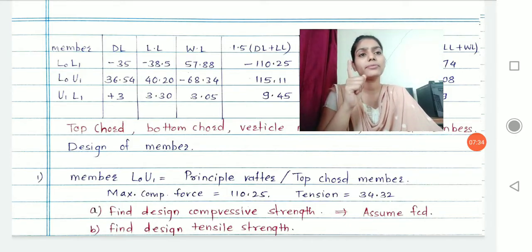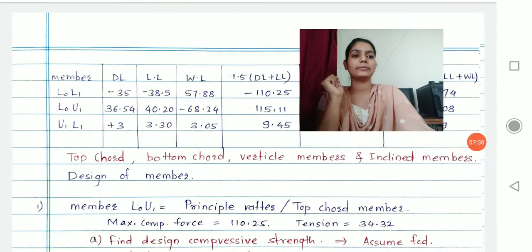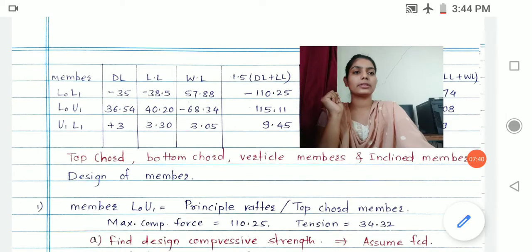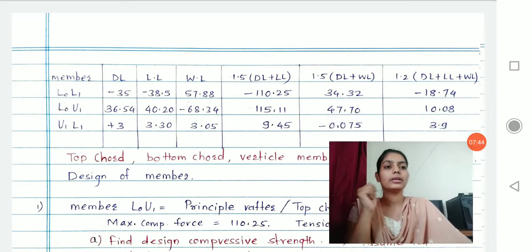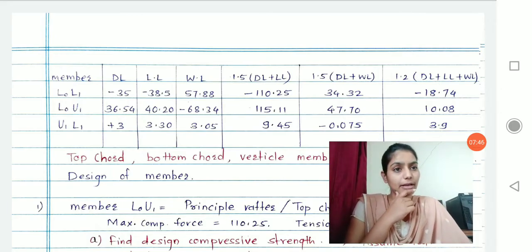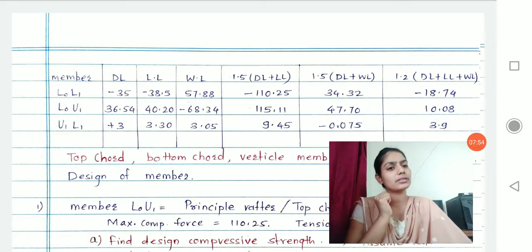Then why only one member? For that you have to go to this table. If I am saying I am designing only one member, I have to justify why we are designing only one member if there are so many in the trusses.